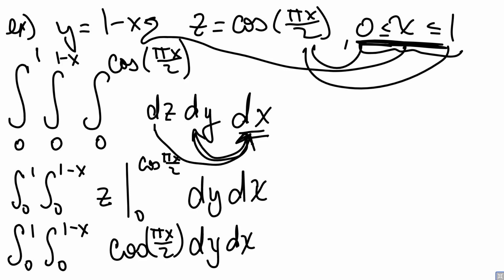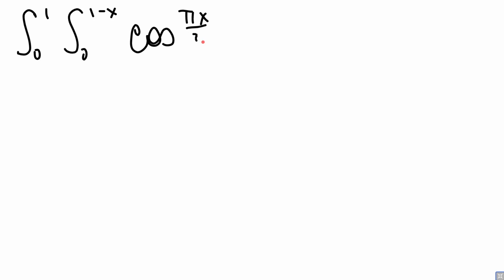Okay, so our next level, we're going to integrate with respect to y. We're looking at the integral from 0 to 1, integral from 0 to 1 minus x of the cosine of pi x over 2 dy. Since we're integrating with respect to y, this is just a constant.